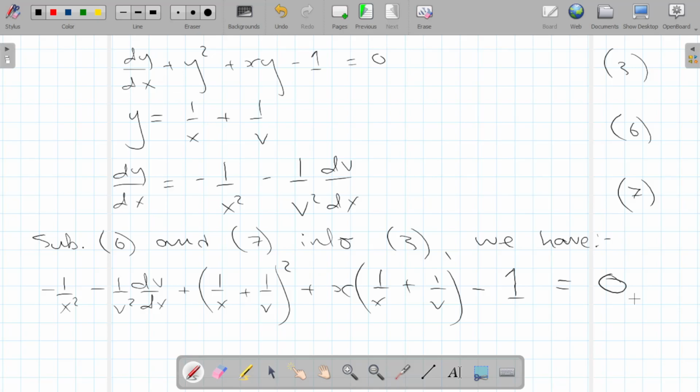Now, first of all, I'm going to multiply through by minus 1. Make that a plus, that a plus, that a minus, that a minus, and that a plus. Right, okay, let's go on to the next page.